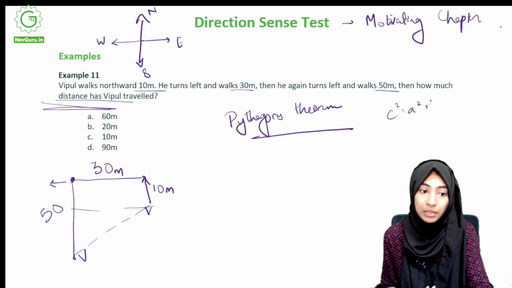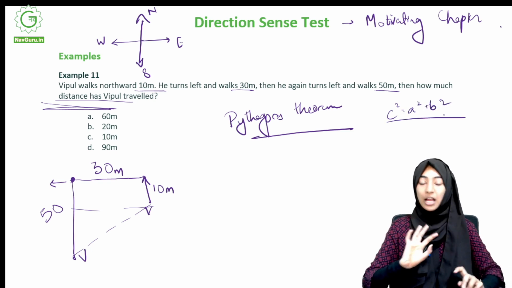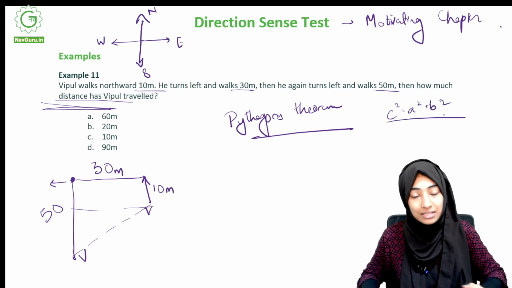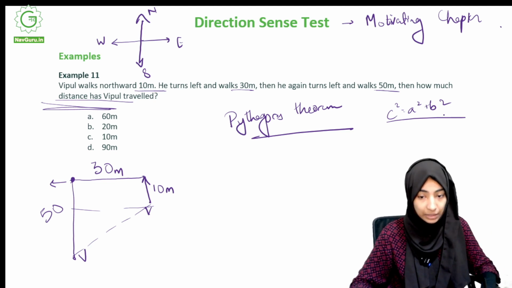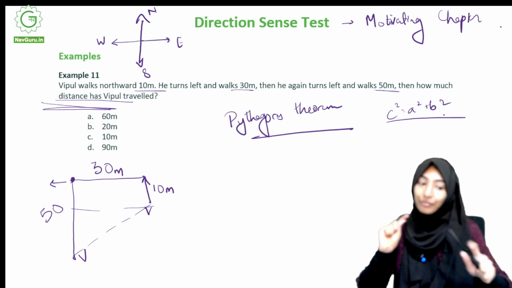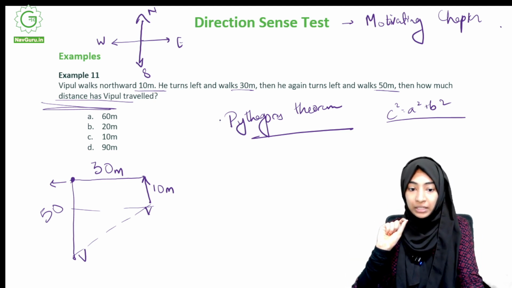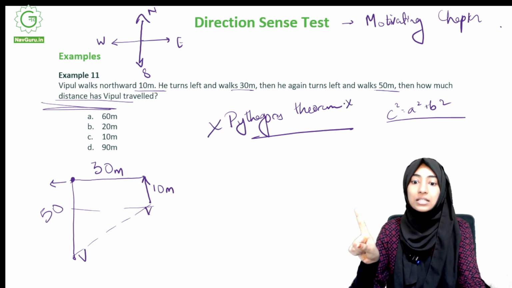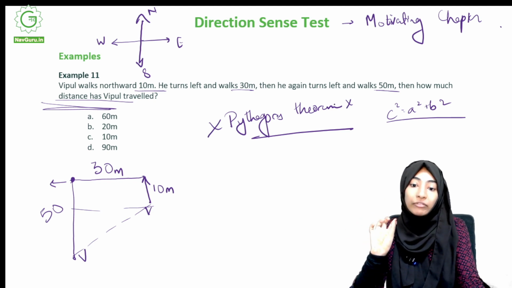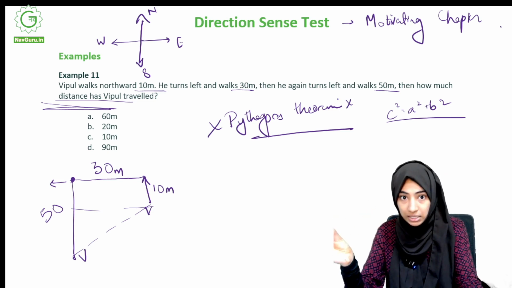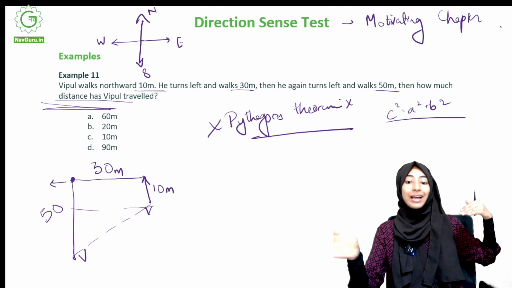C square is A square plus B square, and then you try to find it, but all of this is not needed. This answer can actually be found very easily without using all of that, and in fact using this Pythagoras theorem is wrong in this situation. Here it is wrong. Why is this wrong? Because you have not been asked to find the shortest distance, or you have not been asked to find how far.